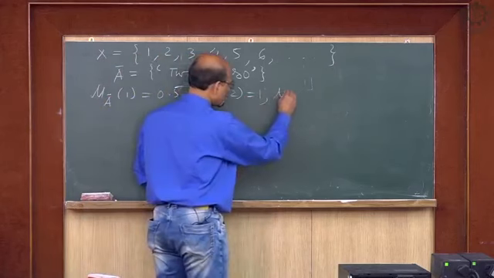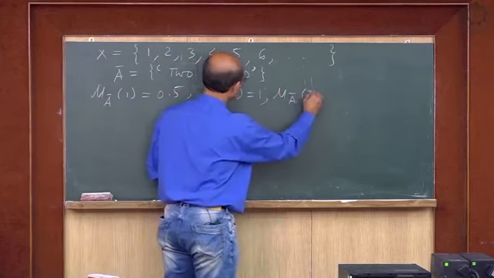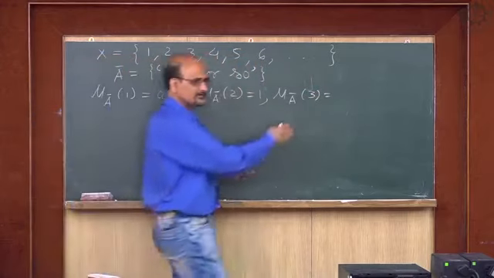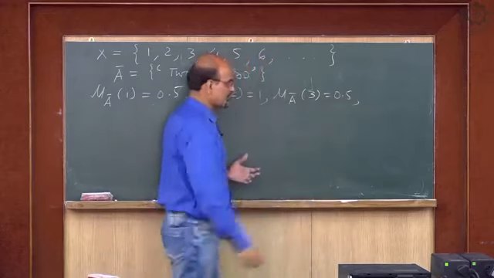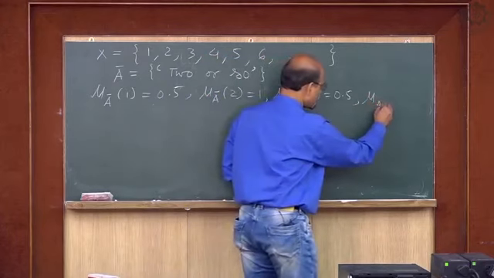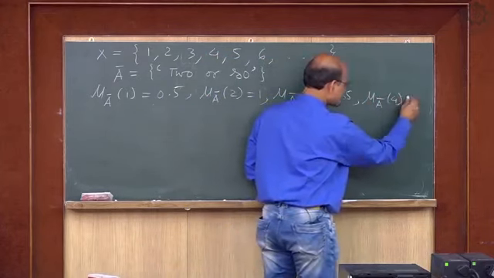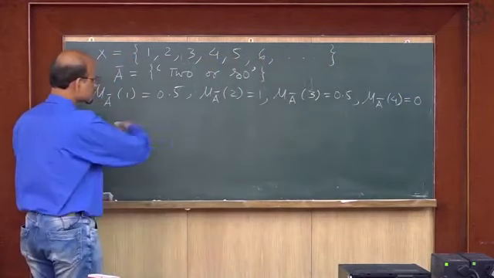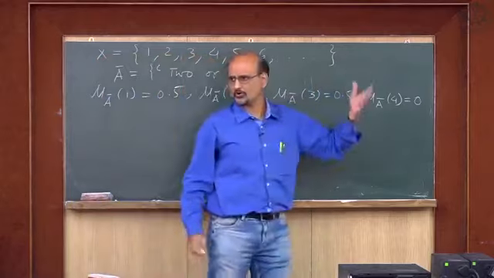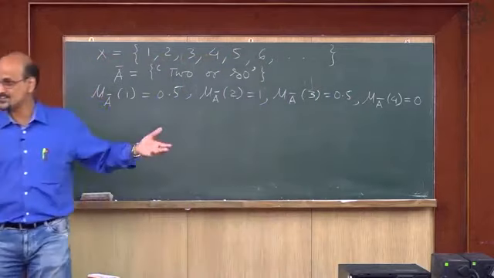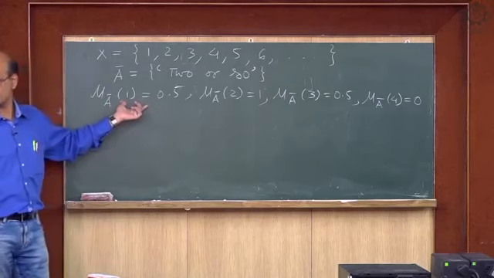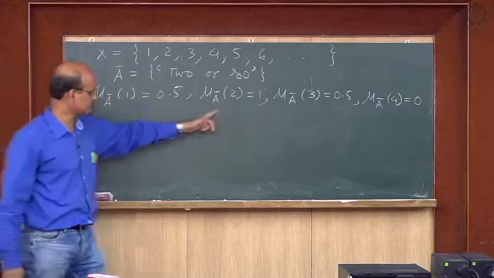Mu A bar of 3, again you can take 0, but it is fuzzy sense, I can take it as 0.5. Like that, mu A bar of 4 should be 0. Then others also, mu A bar of 5, 6, all will be 0. So, these are the membership grade or degree, or membership value, like this.